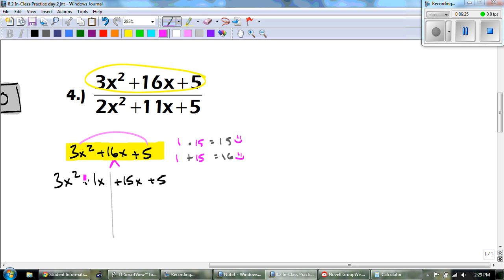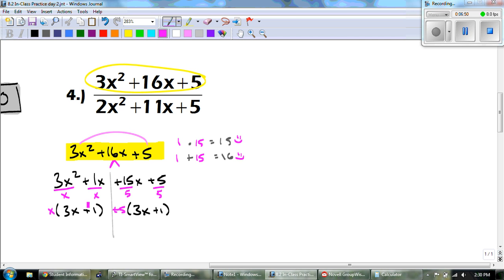Okay, and what's the GCF of the first group? Yeah, just an x. So the x comes out front, and we're left with 3x plus 1. And what's the GCF of the back? Yeah, I can take out a 5, and that's a positive 5. And we get 3x plus 1.